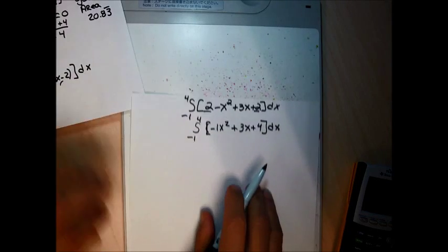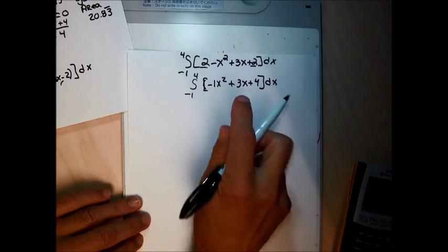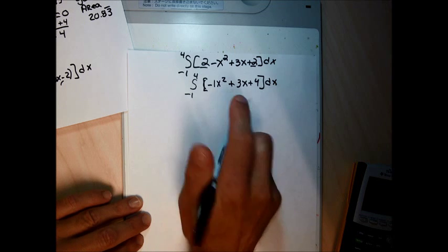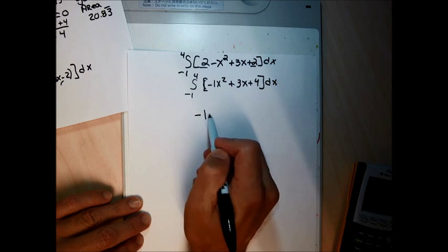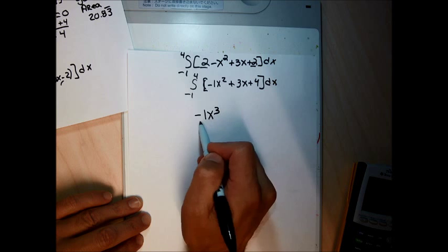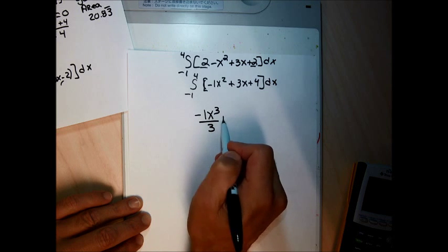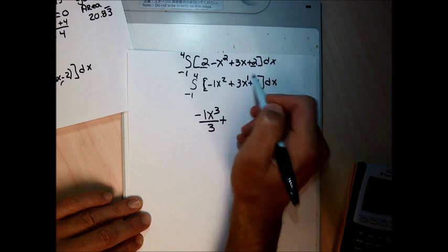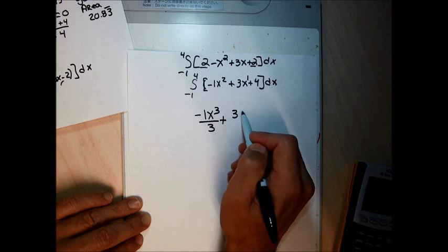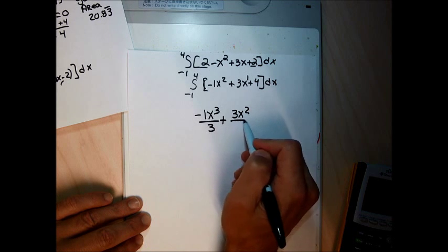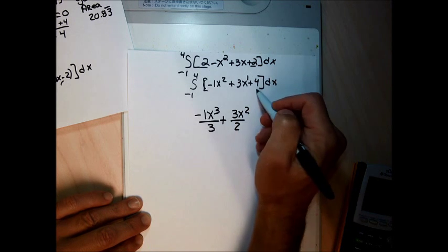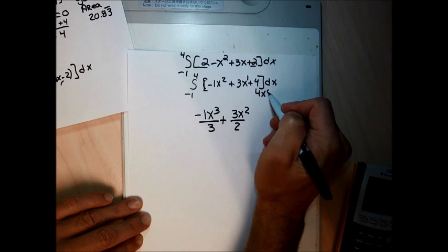And I integrate by adding 1 to the exponent and dividing by the new exponent. So this term right here is going to integrate to -1x cubed over 3. Bring down the plus sign. This has an exponent of 1. It's going to integrate to 3x squared over 2. And this 4 term is really 4x to the 0.